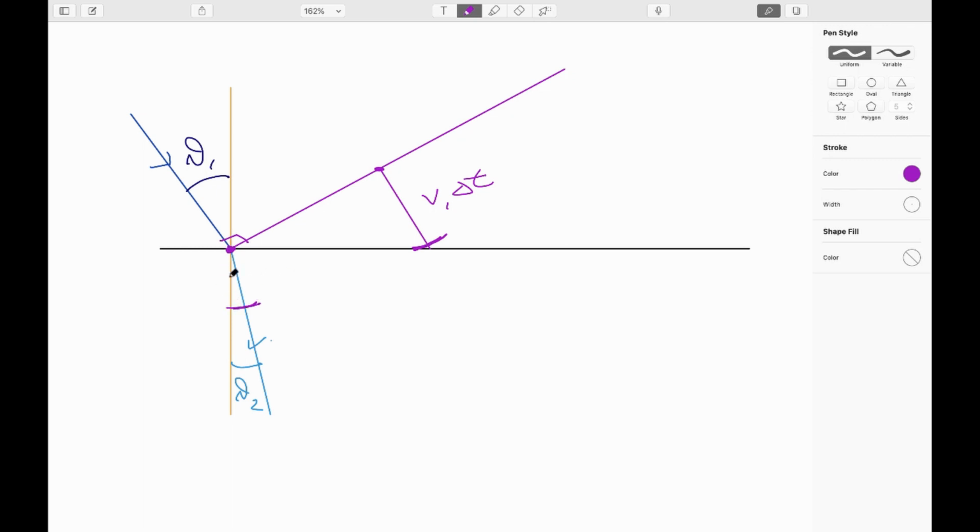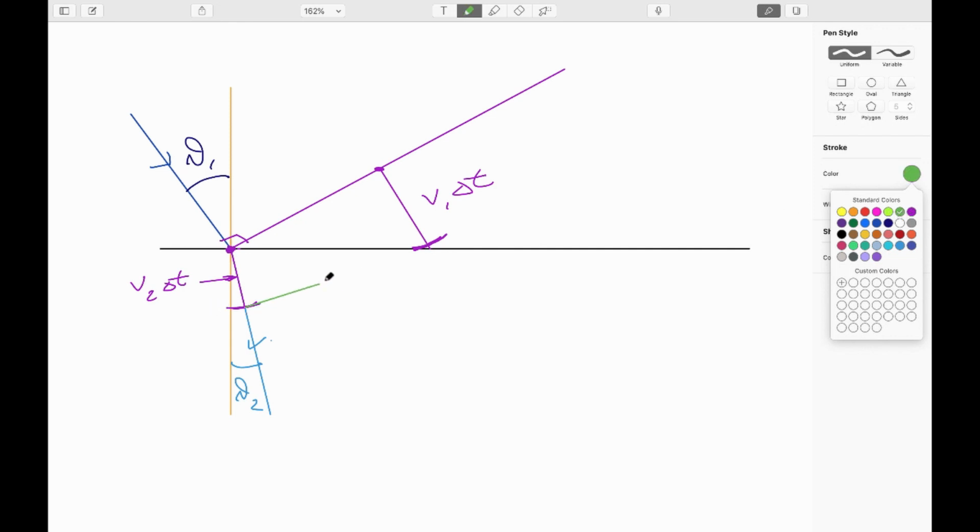So this distance here, we'll say from here to here, is v2 delta t. Then finally, we can construct our new wavefront. It'll be from this point here to that point there.